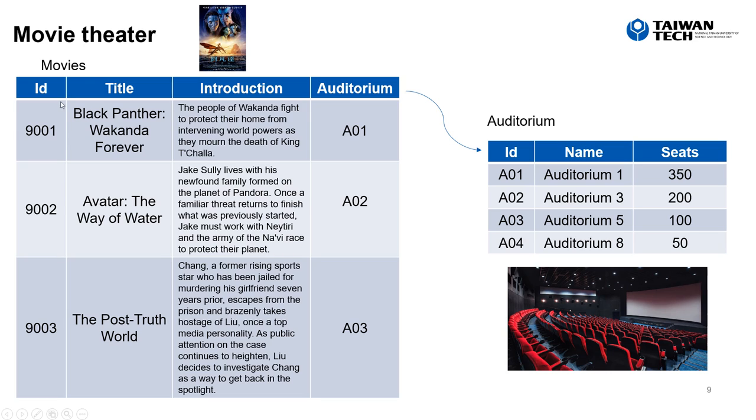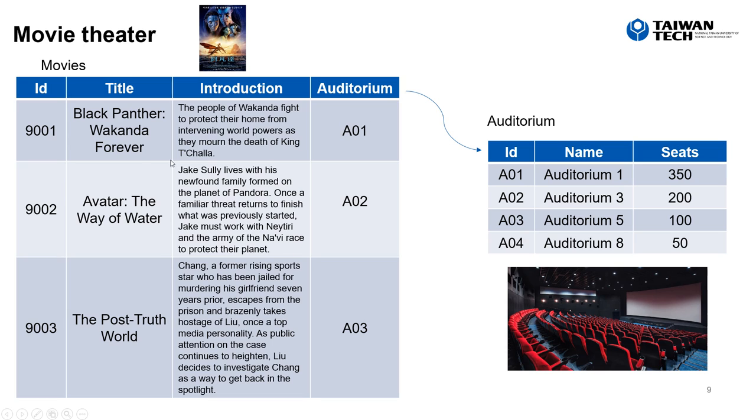For example, you will have a table to manage all the information about your movies, and the first column is their ID, 9001, 9002, 9003, and 9001 is for the movie Black Panther. Okay, they have a connection. And their introduction is for this movie, and we also need to make sure their auditoriums are clear.